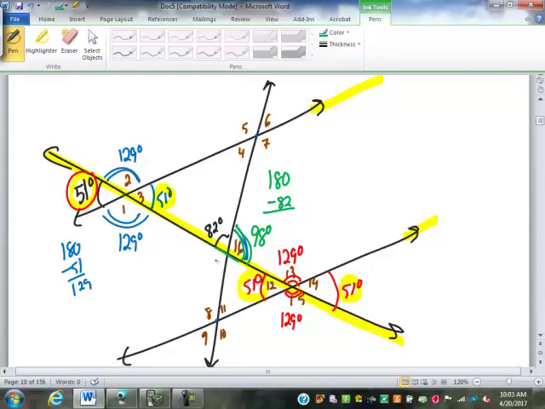Now, we weren't asked to find them, but I can find this angle here is going to be 98, and this one's going to be 82. Now that I know that, I can find this angle.